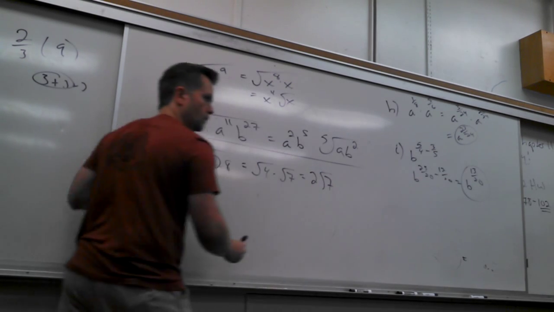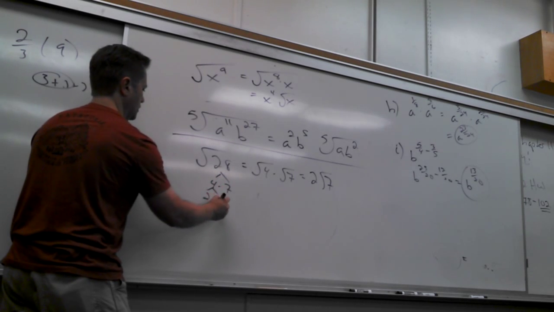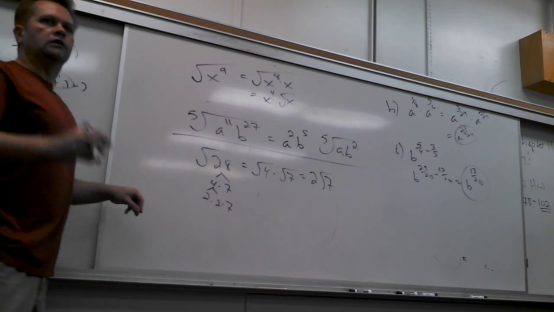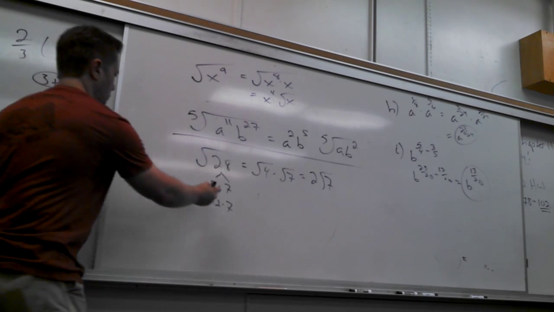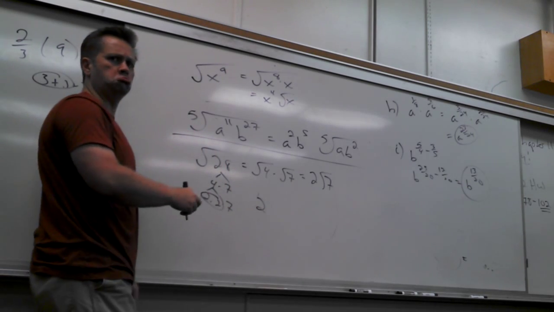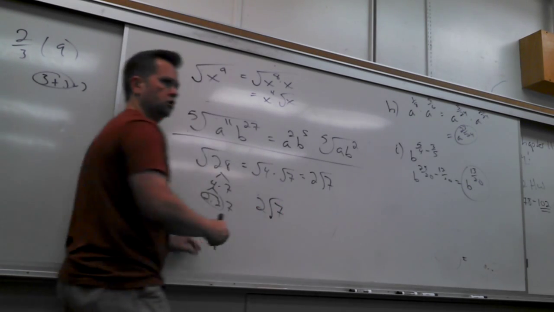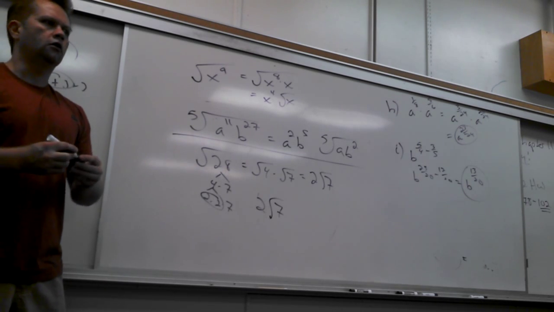Square root of 7 stays as square root of 7. Or you can break this up all the way down. The square root looks for groups of 2. So for every group of 2 things, you can take one of them out. 7's all alone, so it stays inside. Either way you like better. You can do it that way.